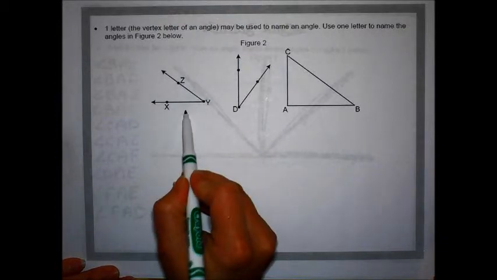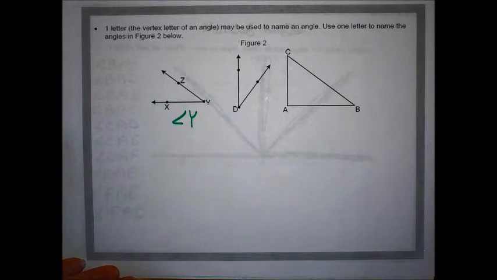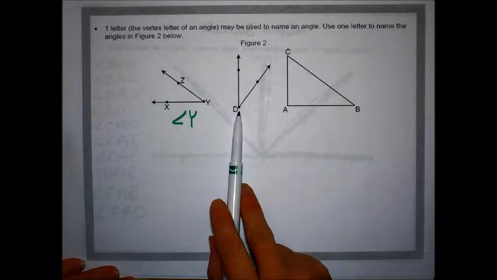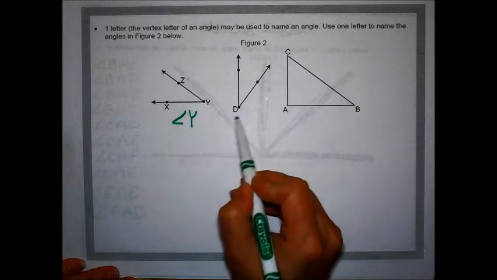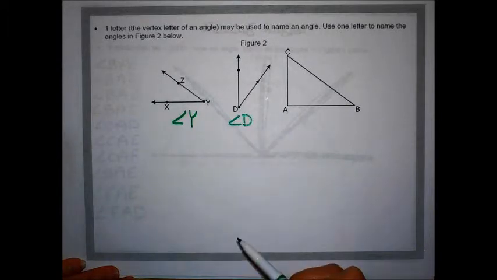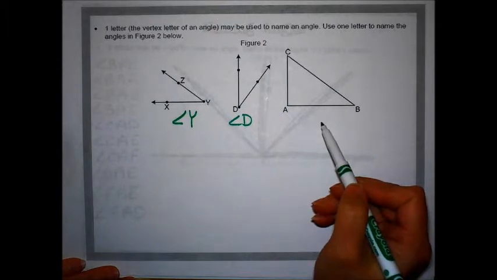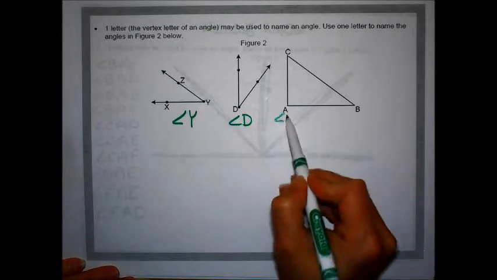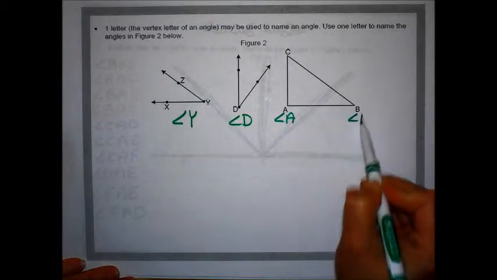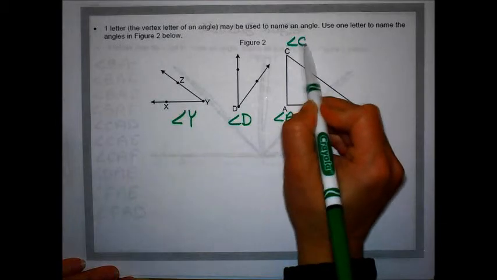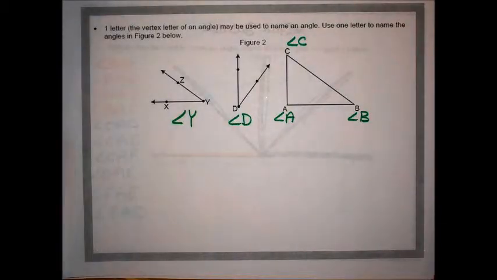That's correct. I can call this angle Y. How can I name this angle? Correct. Angle D. And in the triangle I have 3 angles. We have angle A, angle B, and angle C.